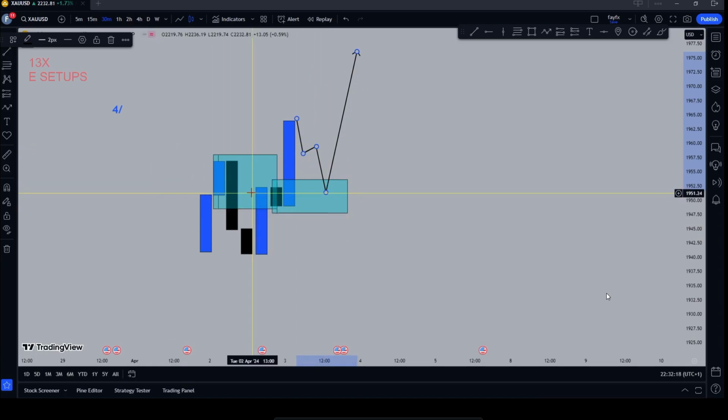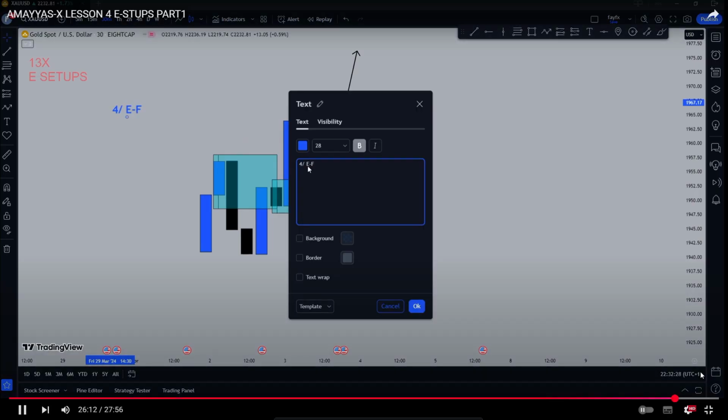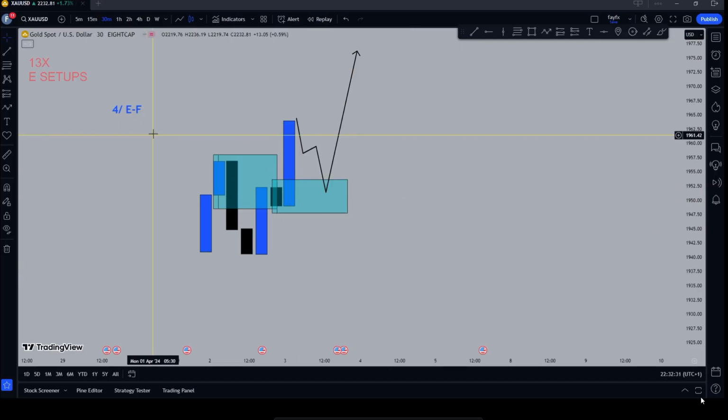Remember, we call it engulfing fail. Going on, price printed a bearish engulfing candle that got broken after, and before it breaks, a new bullish engulfing candle got printed before this first engulfing candle got broken.